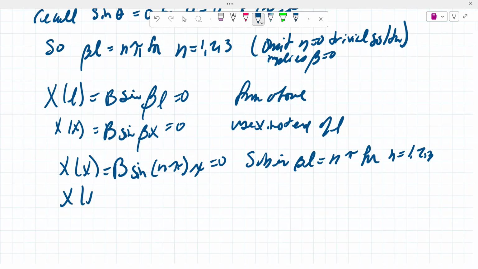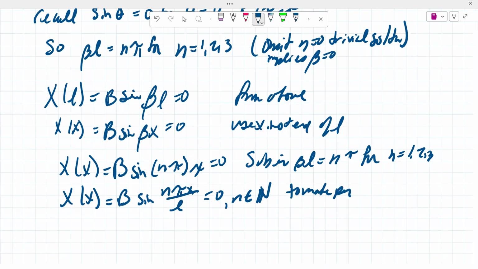And now x of x equals b sine n pi x over L equals 0 for all n in the natural numbers. So those are integers. The reason why we have this divided by L is because we want the answer per unit length. And so we just divide out by the length of the box size.